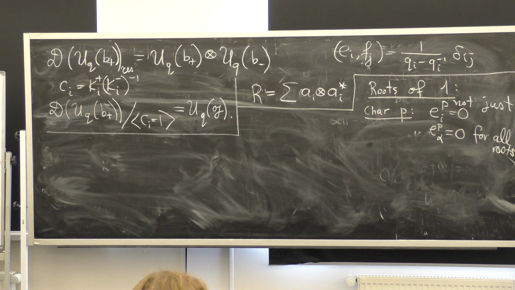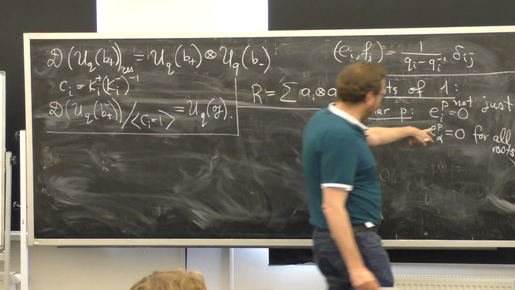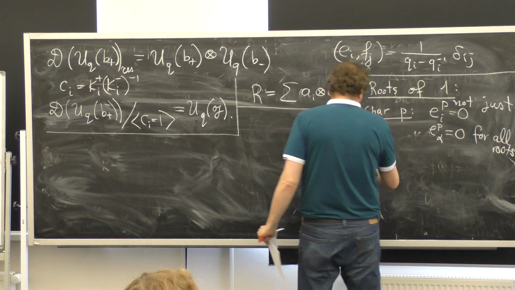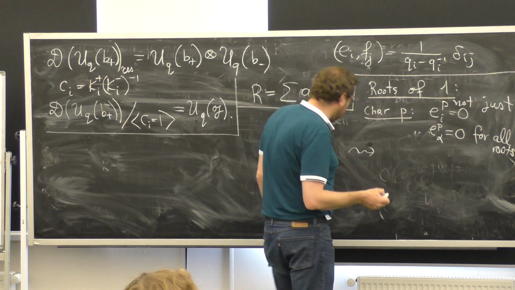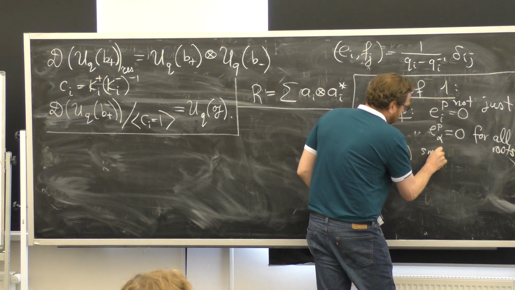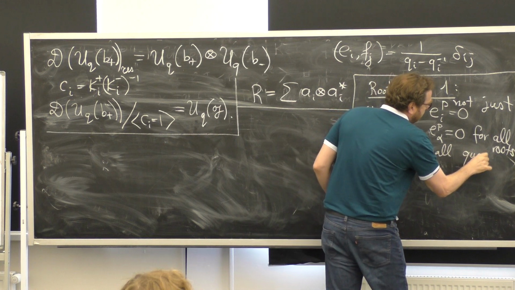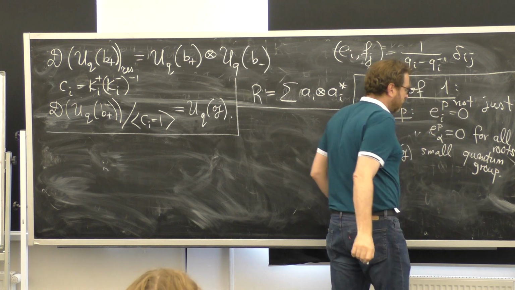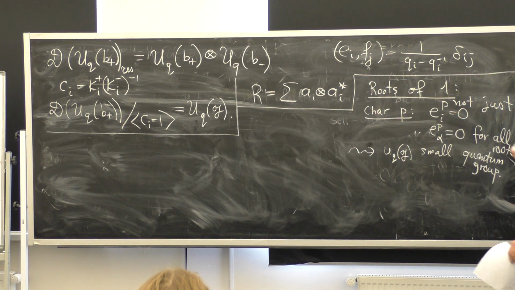This allows you to define these elements, and then you put such relations, and you get the small quantum group. This is a big story, so I cannot really talk about it. So that's an explicit description.